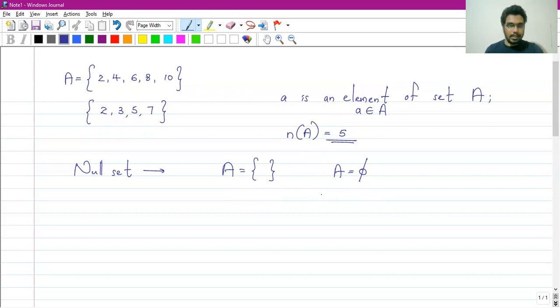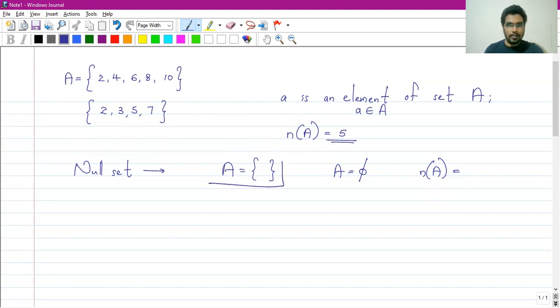Can anyone tell me this one? n(A), the number of elements in A. Now I'm considering this set, not the other set, so don't mix them up.